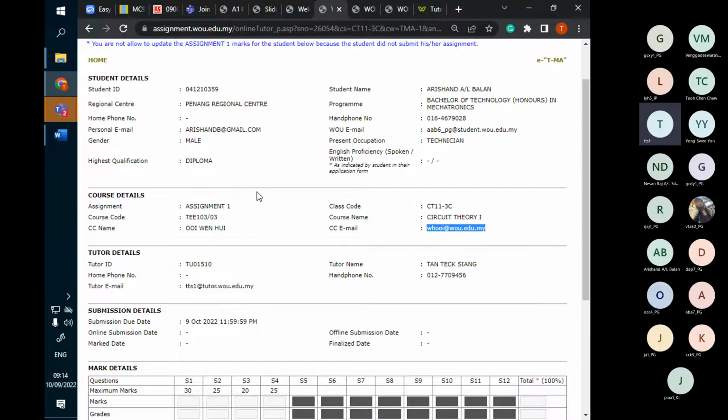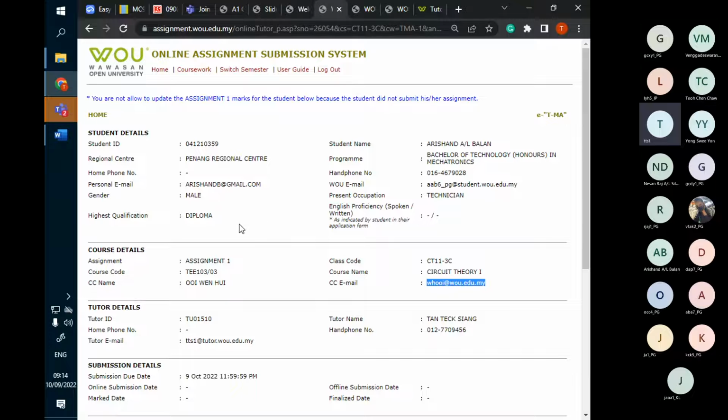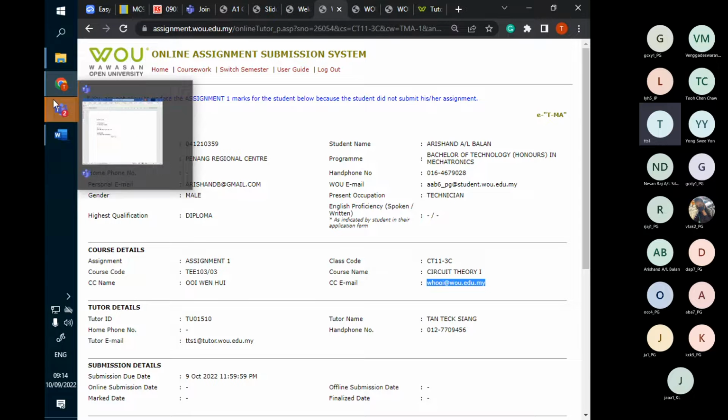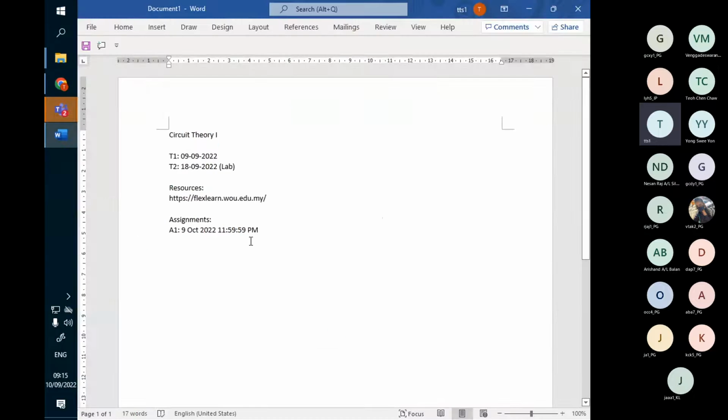If you make certain requests, for example you request an extension, but she's not able to attend to your request in time, and you're in a hurry, you really want to get it processed fast, then you can reach our CC, Miss Oi Wen Hui. You can reach her through email.